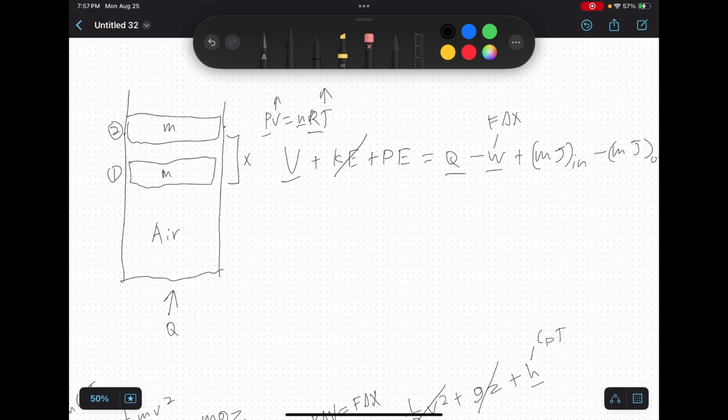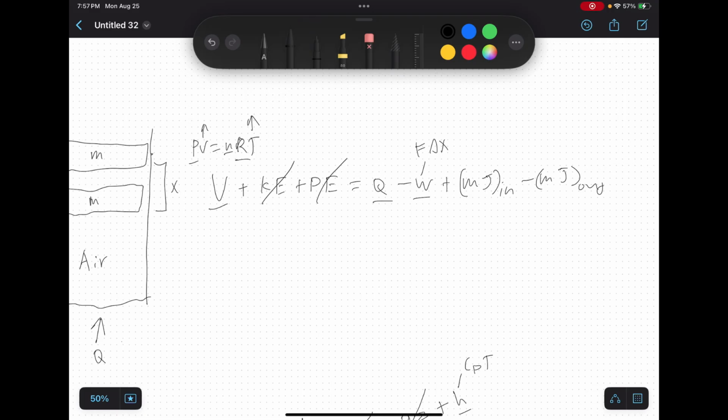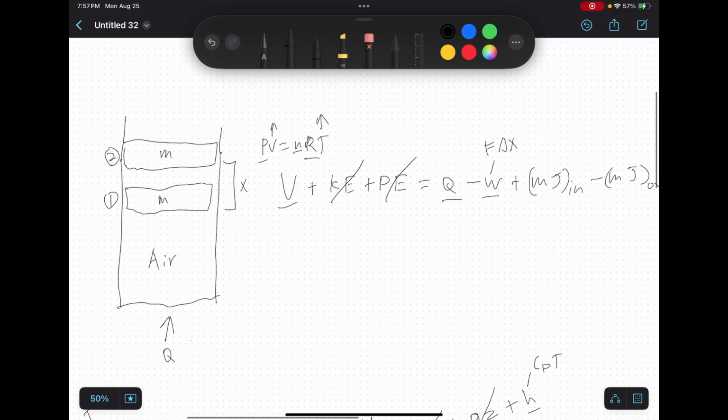For PE, technically the center of gravity of the air in state 1 is probably here, and at state 2 is probably there. So there is a slight change in height. But I'm going to assume that that is negligible, which you can pretty often assume in thermodynamics. Because like I mentioned, they want you to do thermodynamics and not physics 1.